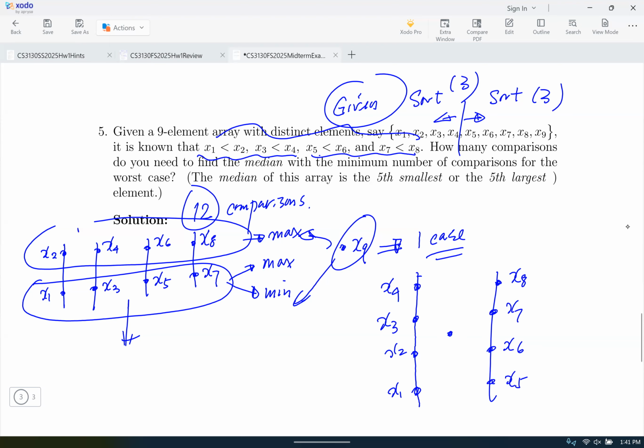Then you have X9, but X9, let's put outside. Then the next comparison, you can try many different ways. I tried many ways, but I felt this comparison is the best, based on my experiment. So number 7, we do this comparison.